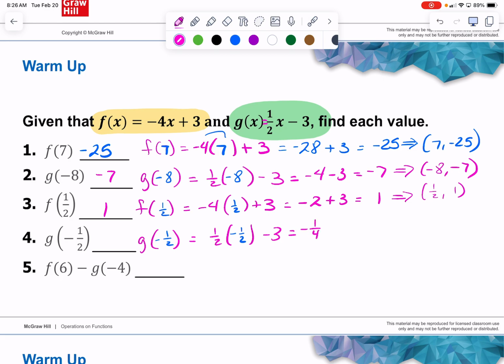Top times top, bottom times bottom, minus 3. Now I'm going to make this 3 have a denominator of 4, right? So I can combine my terms, right? So that means it's going to be negative 12/4, which is going to give me negative 13/4. So this is going to be negative 1/2, comma negative 13/4 on the graph of my function.